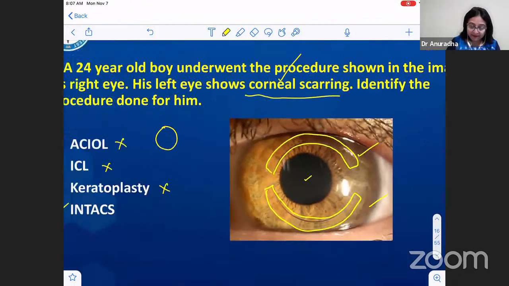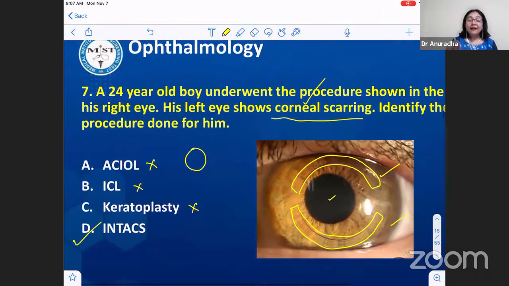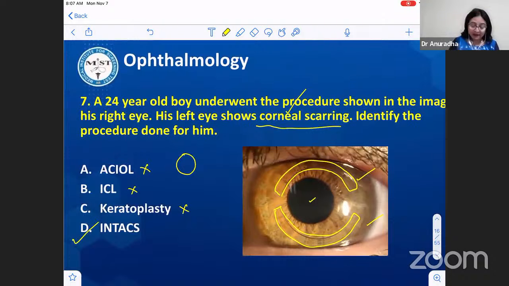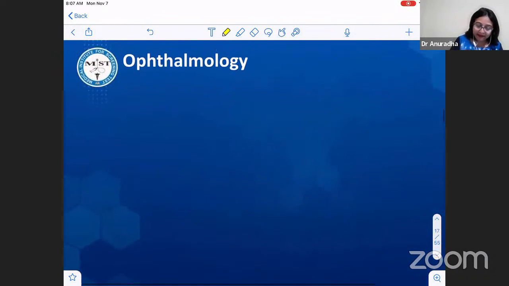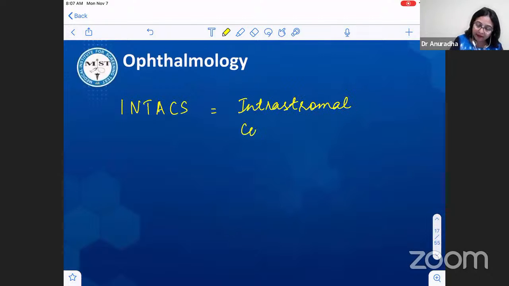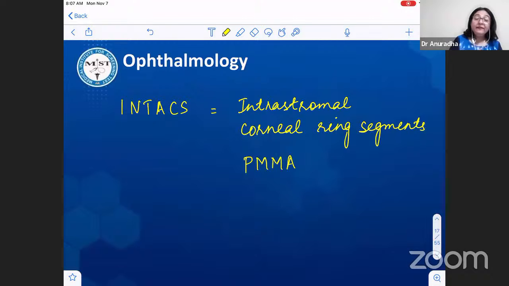The full form of Intacs is intrastromal corneal ring segments, that is, implanted within the corneal stroma. These ring segments are made of PMMA material. They support the thin cornea in keratoconus.